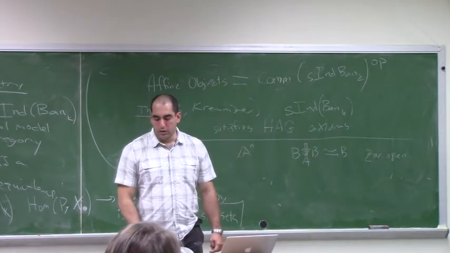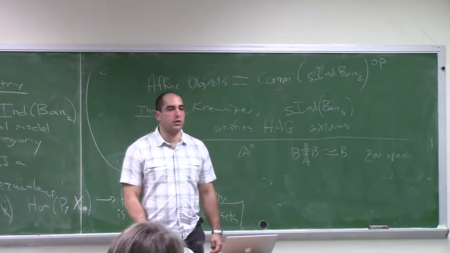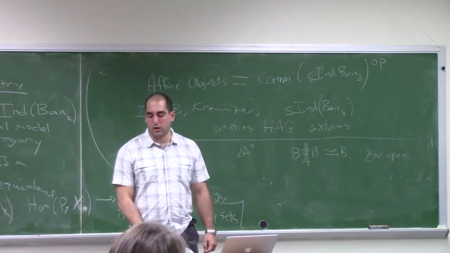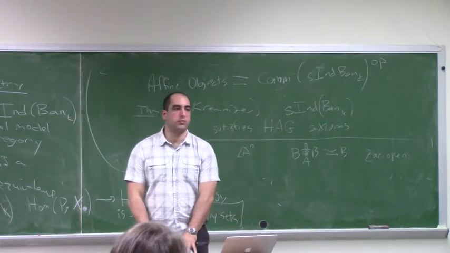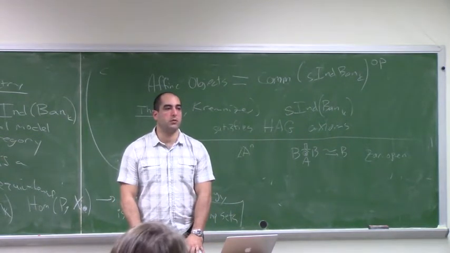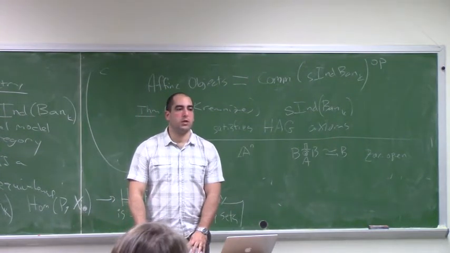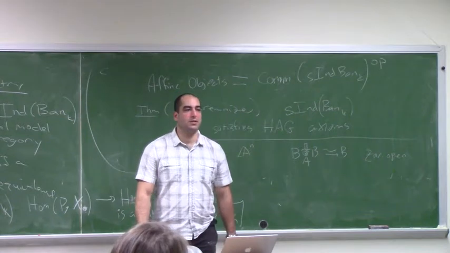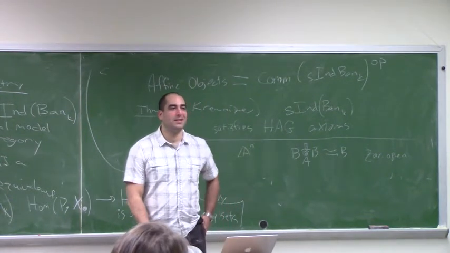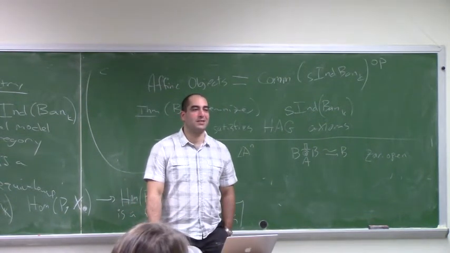Well, I don't know what smooth means in the non-Archimedean setting, so I don't know what the category of smooth vector bundles is. It would be very nice to have something like that. To have examples, you would need to decide on that first.